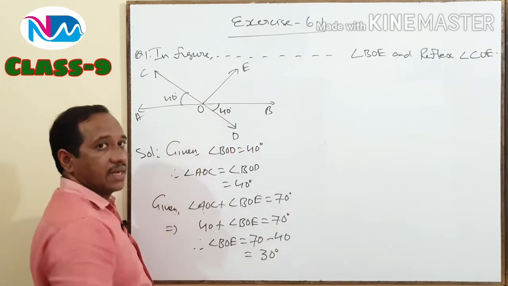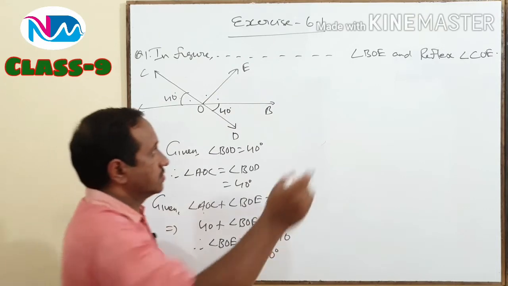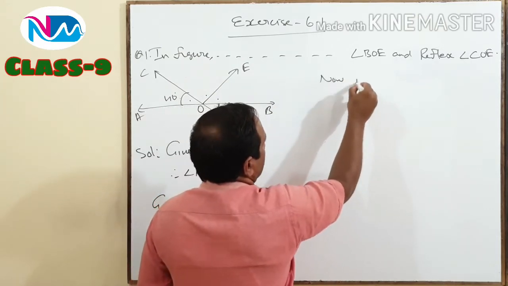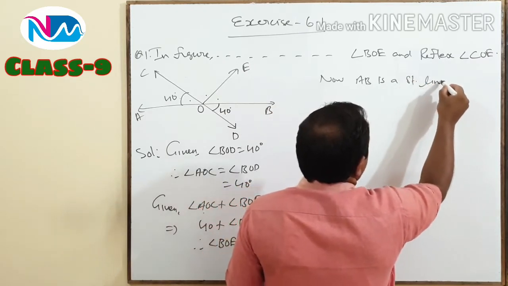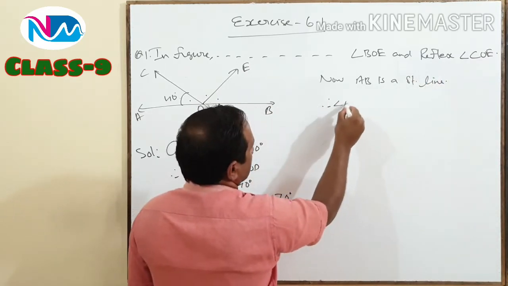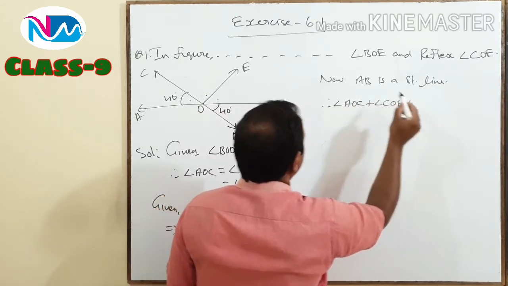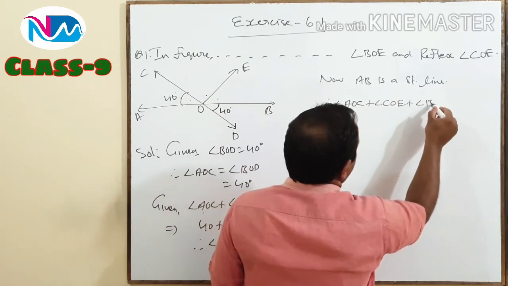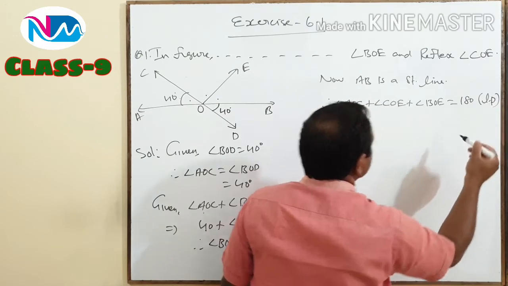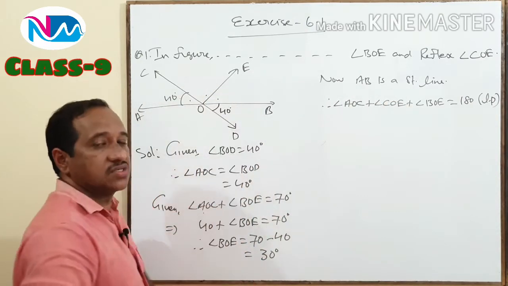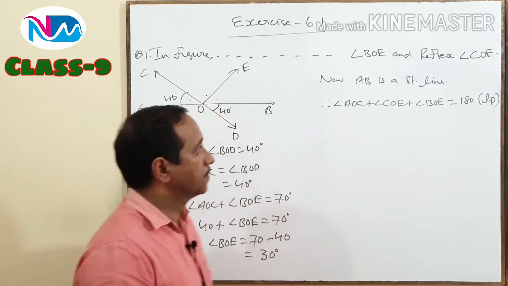Now AB is a straight line. Therefore, sum of these three angles will be 180. Angle AOC plus angle COE plus angle BOE is equal to 180 because the sum of these three angles is equal to 180 by the property of a linear pair axiom.